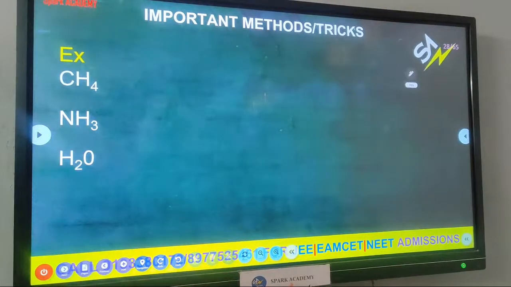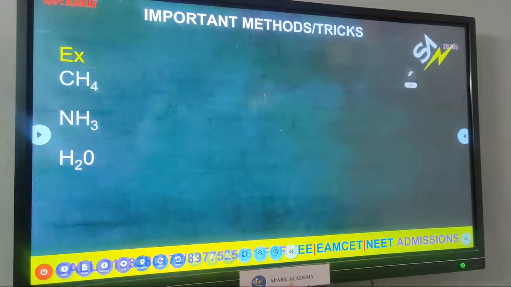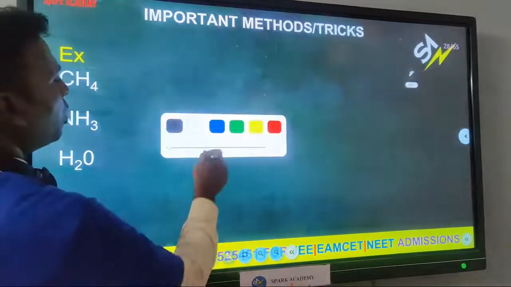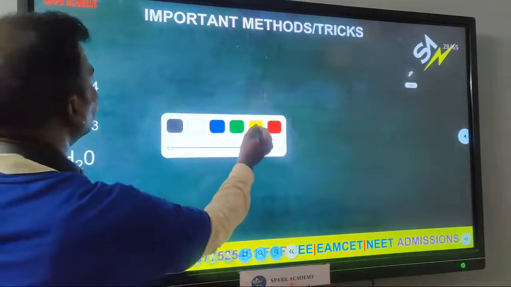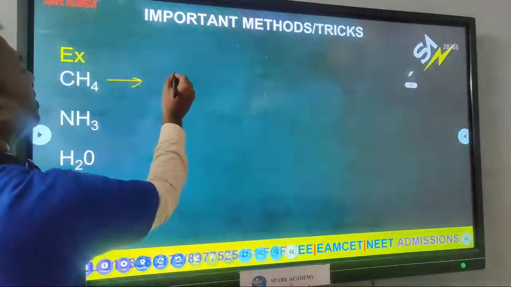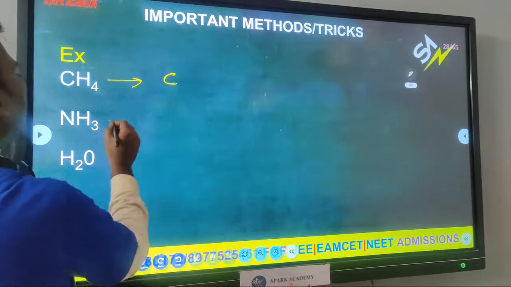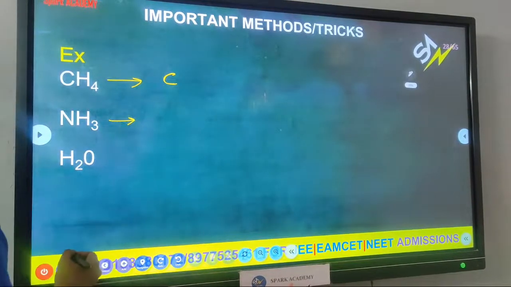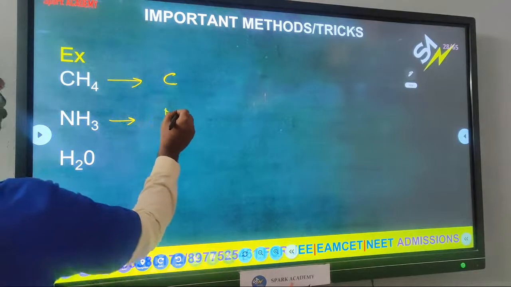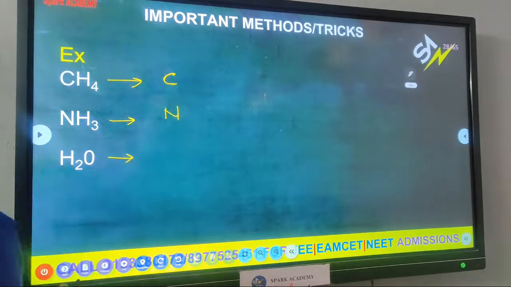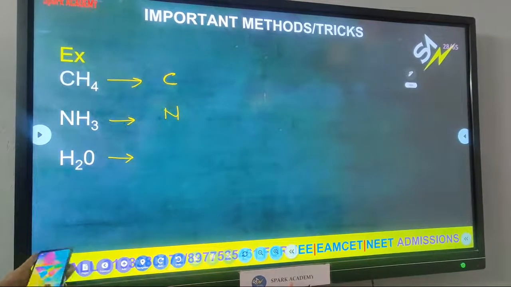Now we check these examples once again: CH4, NH3, H2O. In CH4, what is the central atom? Carbon. In NH3, nitrogen. In H2O, oxygen. Here we are talking about the number of lone pairs.